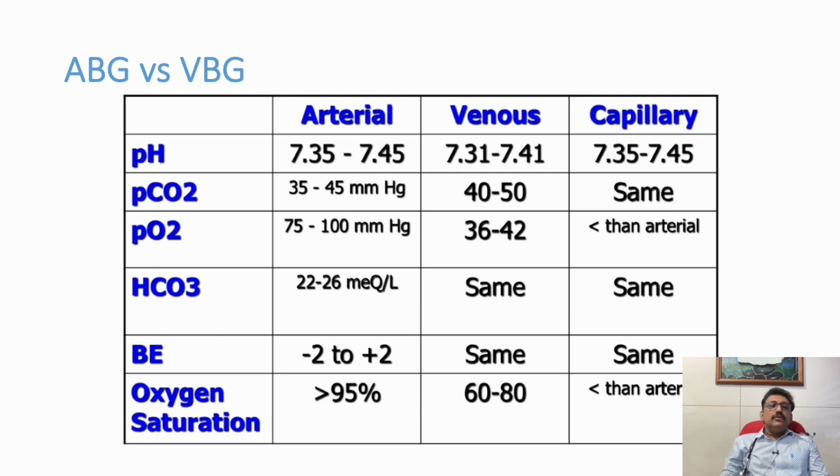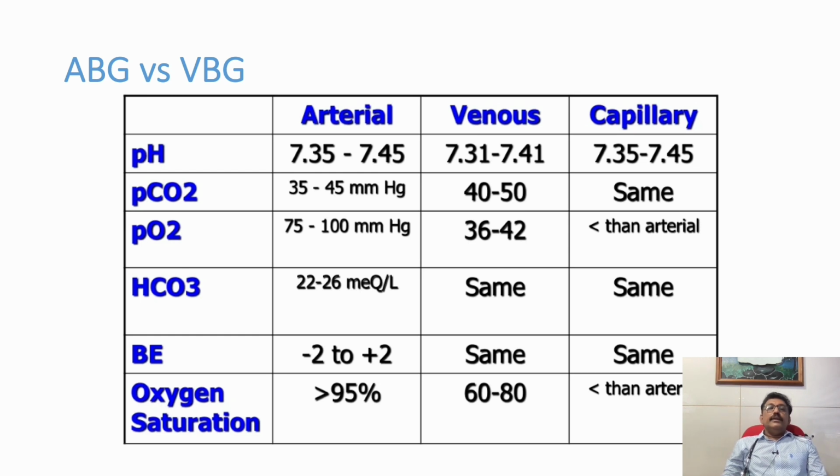So for pH, there is not much difference, but PCO2 and PaO2 have a lot of difference between arterial and venous sampling. PaCO2 on the arterial side is 35 to 45, whereas on the venous side it is 40 to 50, slightly higher. PaO2 is 75 to 100 in arterial, very low in venous, because oxygen is utilized in peripheral tissues and blood is coming back to the heart.